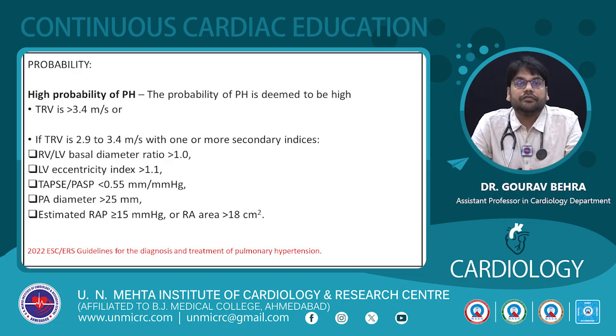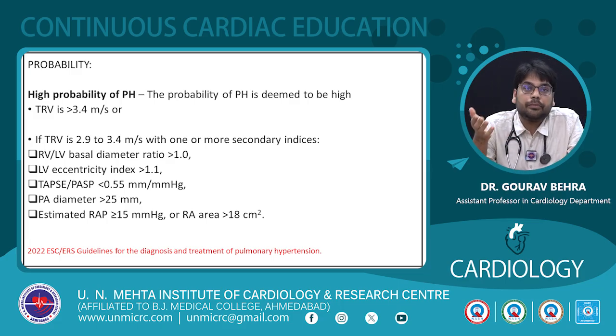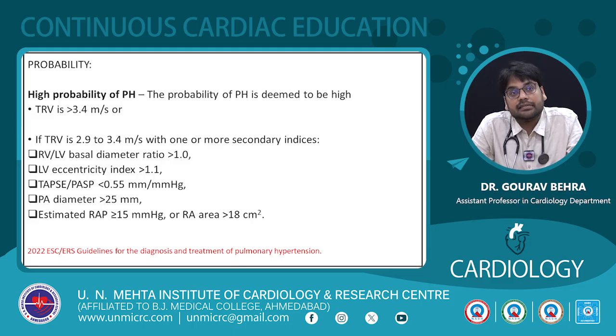How will you say that a patient has pulmonary hypertension? There are certain parameters like TR velocity more than 3.4, or TR 2.9 to 3.4 with secondary indices like basal diameter of RV, eccentricity index, PA diameter or RAP.